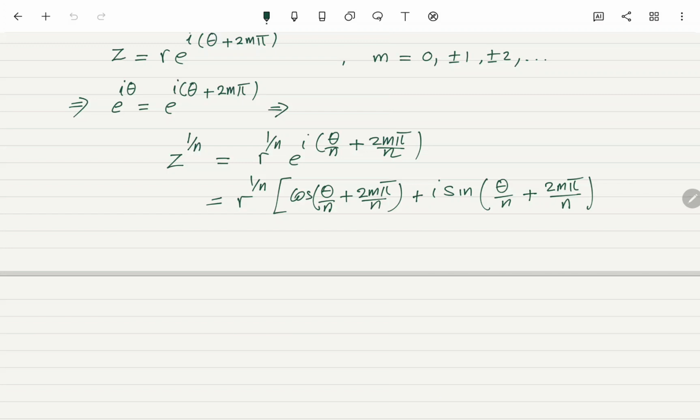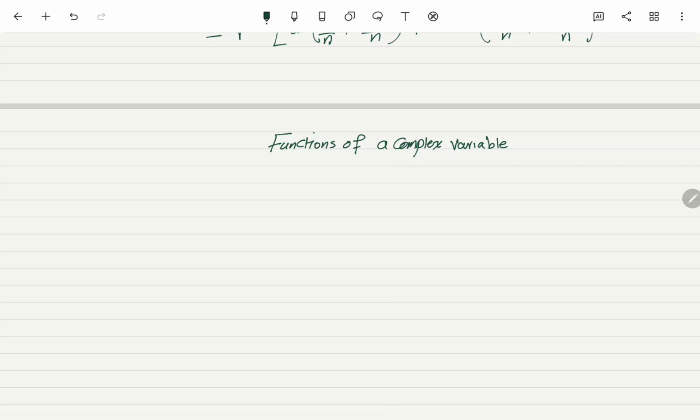Let's define functions of a complex variable. If f(z) is a function of a complex variable, it's equal to u(x,y) + i v(x,y).